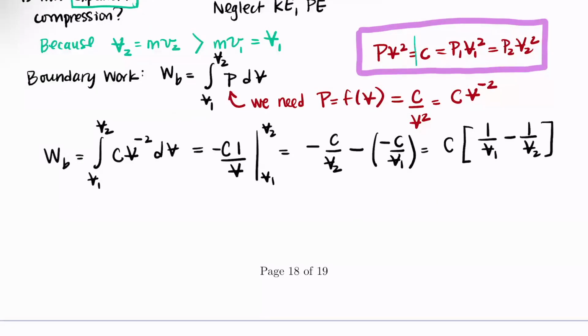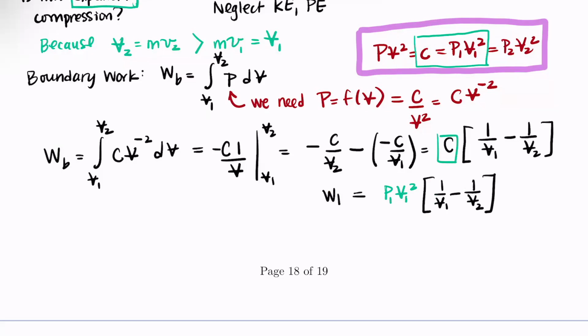So I'm going to use this expression to substitute in for C. So I have P1 V1 squared times the quantity of 1 over V1 minus 1 over V2. All right, and we have all of these things.